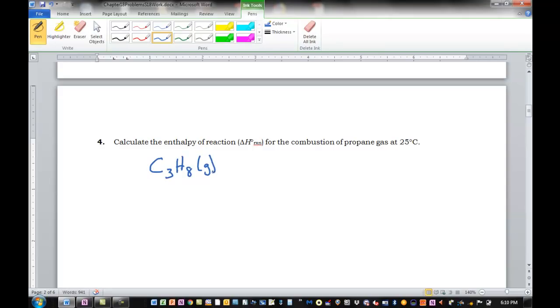Propane is C3H8. I don't expect you to know that. You might. I would give that on an exam, so don't worry about that. You should know how to balance equations. Combustion reactions, reactions with oxygen gas.